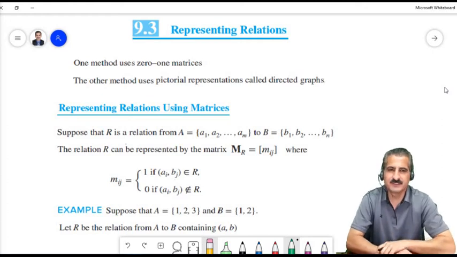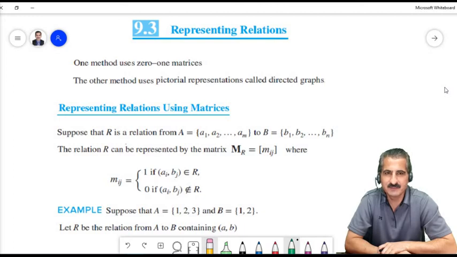So, representing relations, we will learn how to represent relations using matrices that have entries either 0 or 1, or using directed graphs. So there are two ways to represent relations, and actually these two ways will help us in working with relations in general.